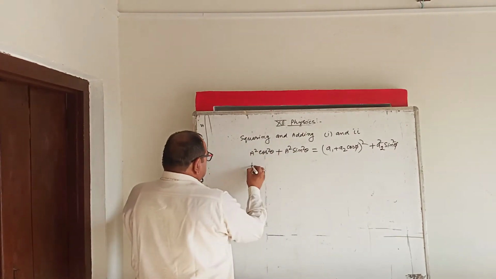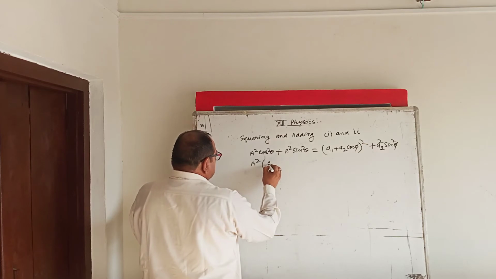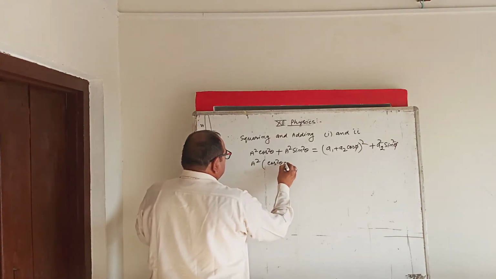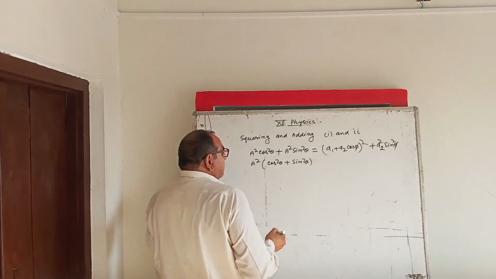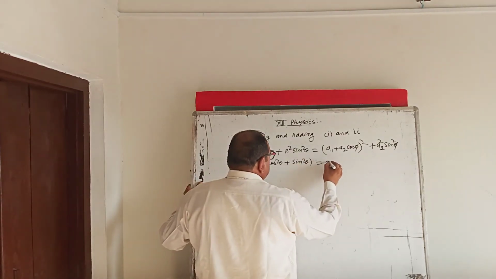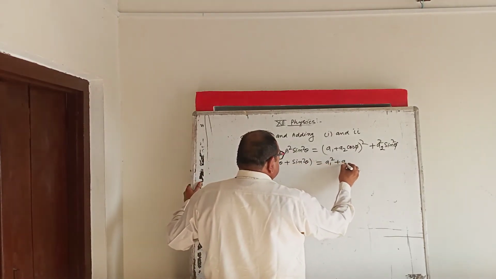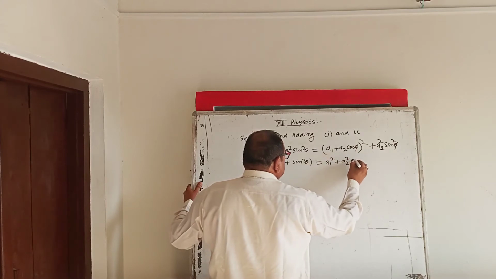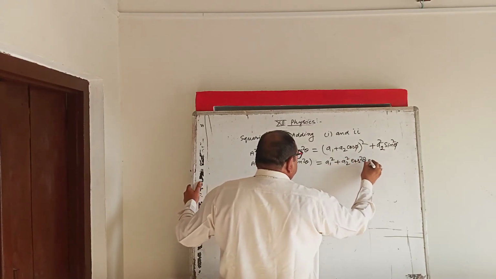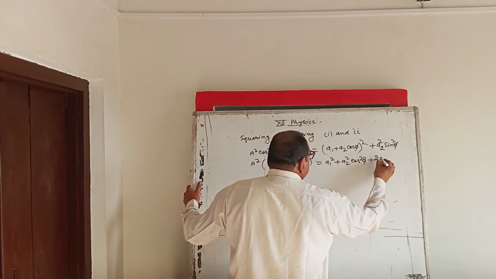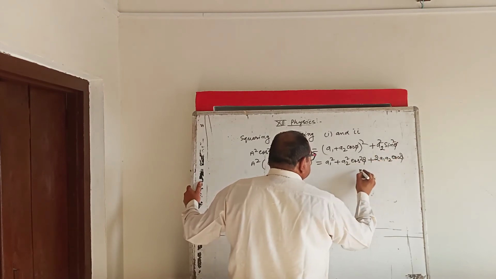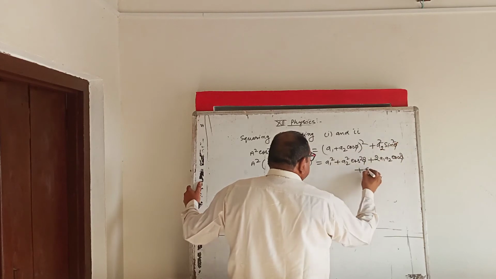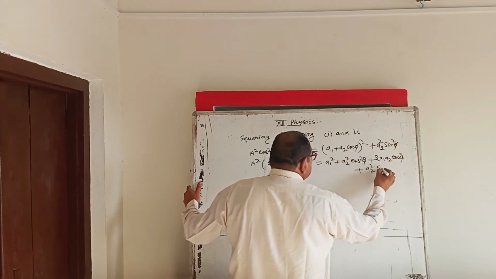Take A square common, you get cos square theta plus sine square theta equal to what? a1 square plus a2 square cos square phi plus 2 a1 a2 cos phi plus a2 square sine square phi.